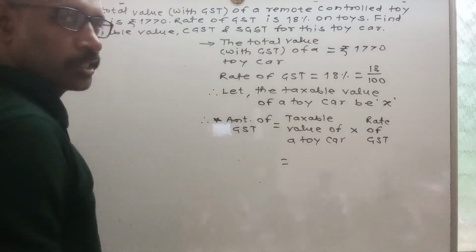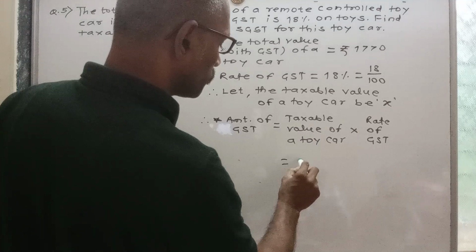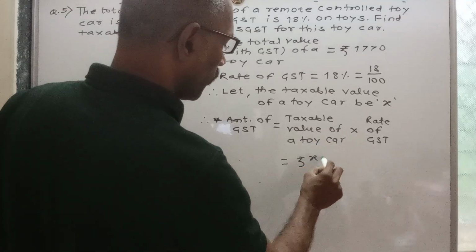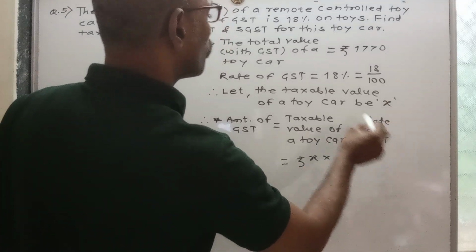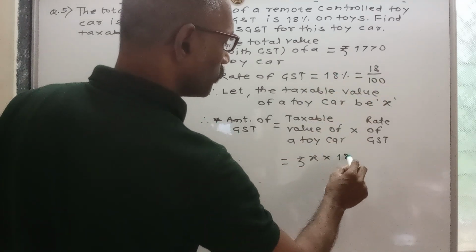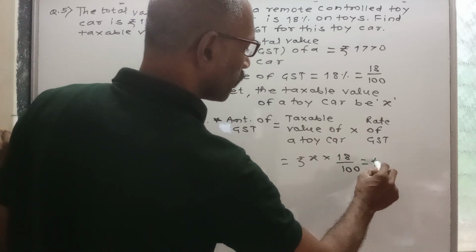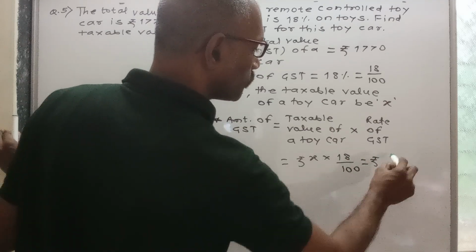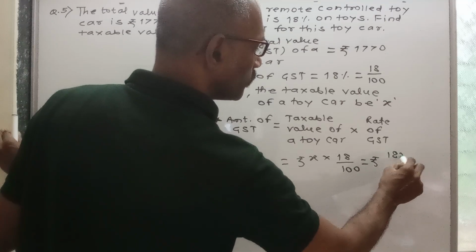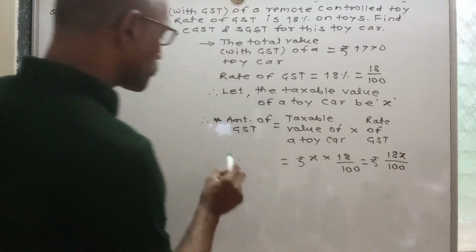Amount of GST is equal to the taxable value, rupees X, into the rate of GST, 18%. We write 18%, this is also 18 upon 100. Therefore, amount of GST is equal to 18 into X, 18X upon 100. Did you understand?